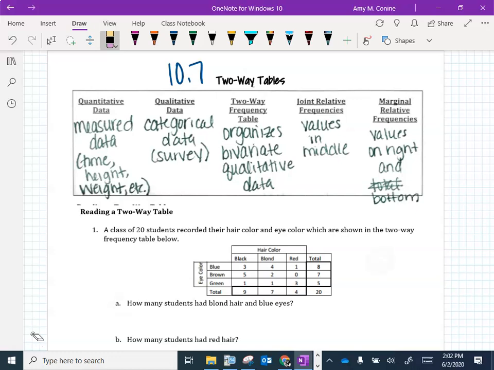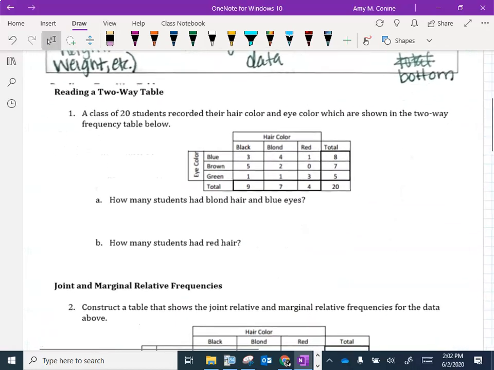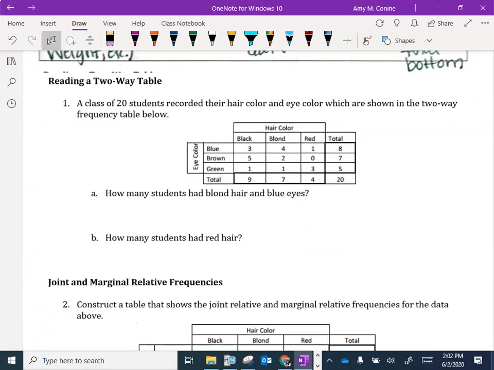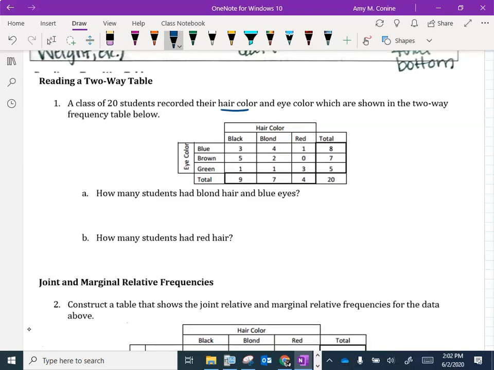So let's just move down to example 1. We've got a class of 20 students who recorded their hair color and their eye color, which are shown in the two-way table below. Okay. So part A, how many students had blonde hair and blue eyes?